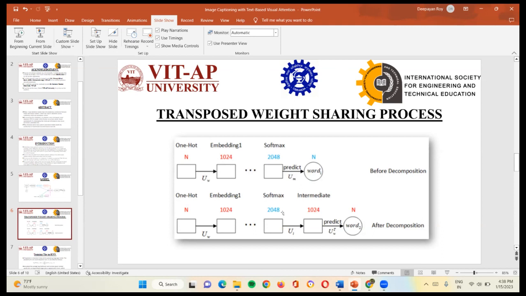The total number of parameters in these two matrices is 1024n plus 2048n. To reduce the number of parameters, we can decompose the vector into two matrices.